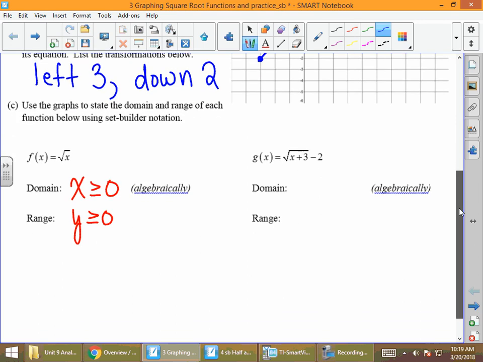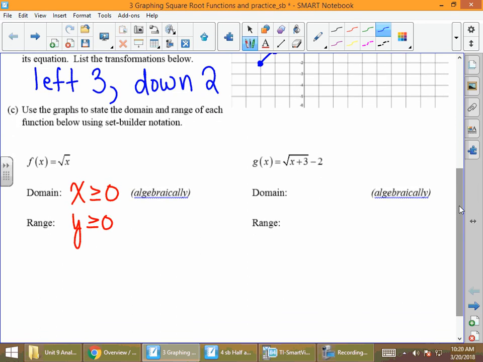With respect to the domain here, what we can do is take this value of x plus 3, which is underneath the radical, sometimes called the radicand. And what we do is we set that greater than or equal to 0. That is how we do it algebraically. Only the value underneath the radical.